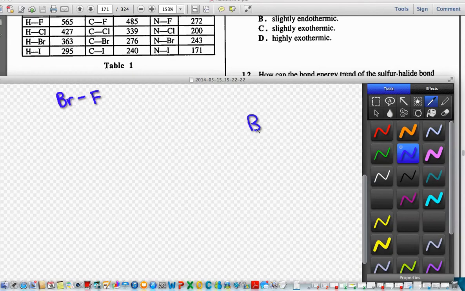Do we have a BrCl bond? Do we have an FCl bond? Do we have an FI bond? Do I have an ICl bond?